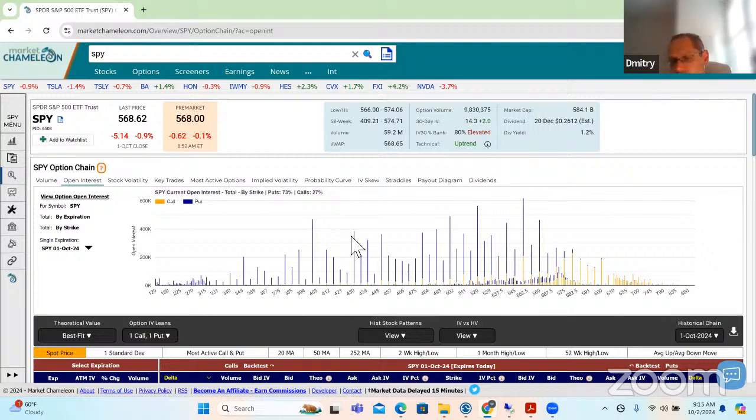From this particular graph, we don't know what the trades were that led to these open interests. We just get a sense of which strikes have the most open interest. And just knowing SPY, we could go back.